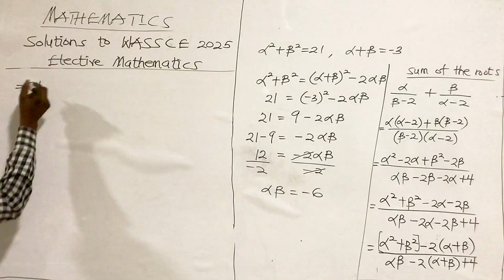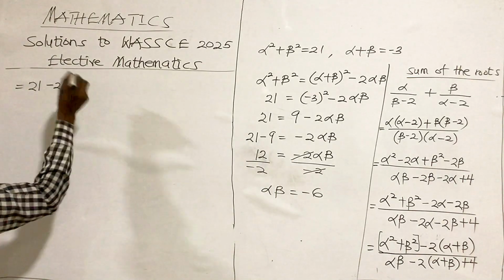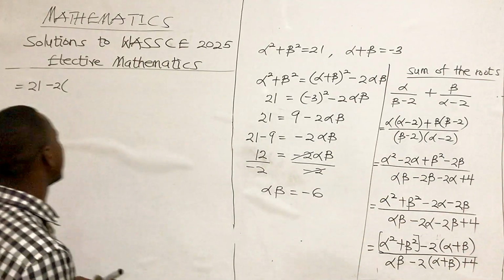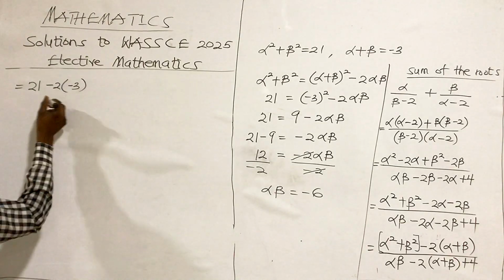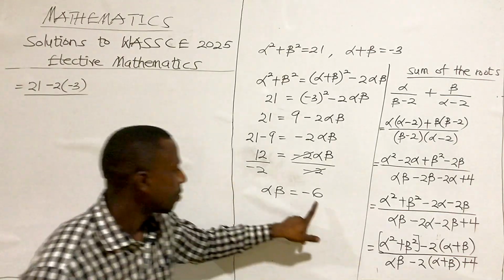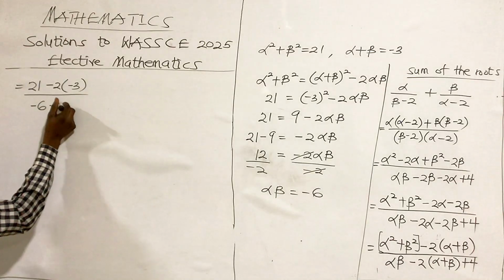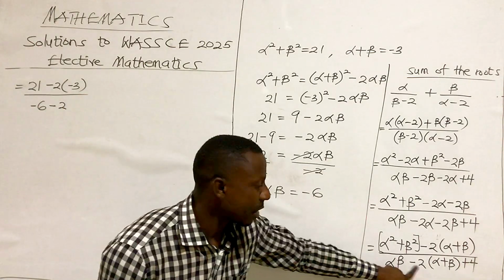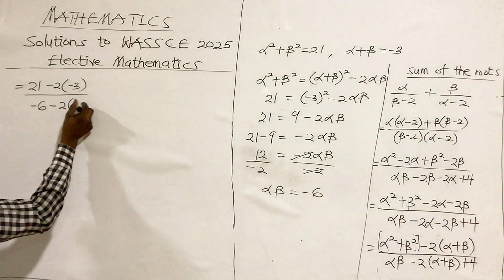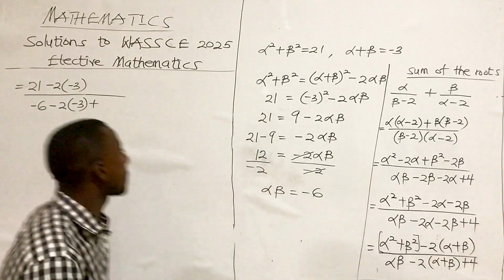So we have 21 minus 2 multiplying alpha plus beta, which is negative 3, all over alpha beta, which we found to be negative 6, minus 2 times alpha plus beta, still negative 3, plus 4.